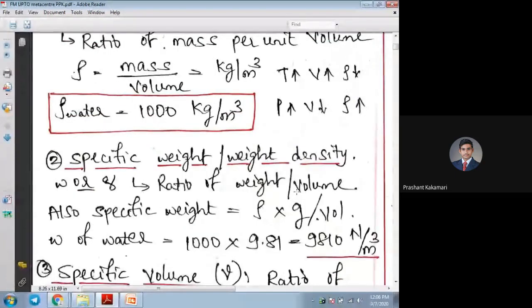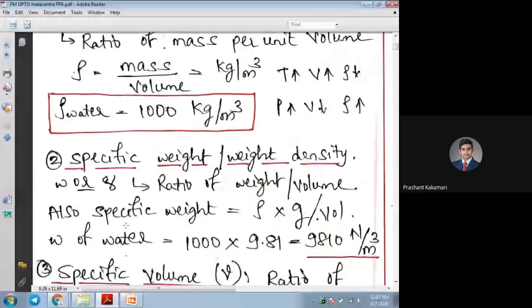The next definition is the specific weight or the weight density. By the name itself you can understand, weight density means we are measuring the density with respect to weight as a component, not the mass. So regarding the mass and weight relation, you know, if I multiply the mass with gravitational acceleration, it will become the weight of the given body. So specific weight is the ratio of weight to the given volume of the liquid, or volume occupied by that liquid.